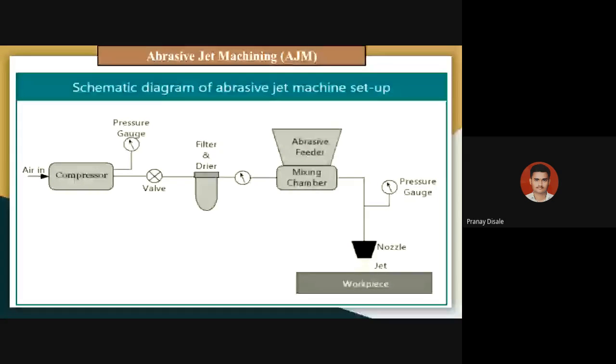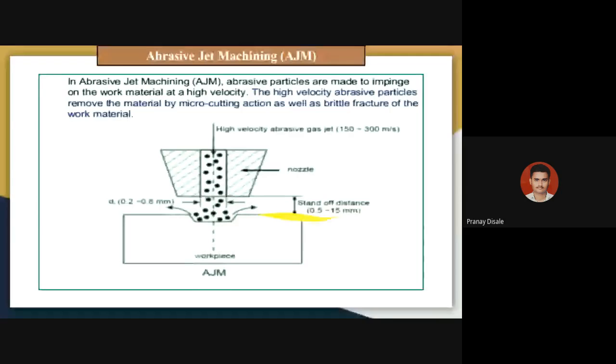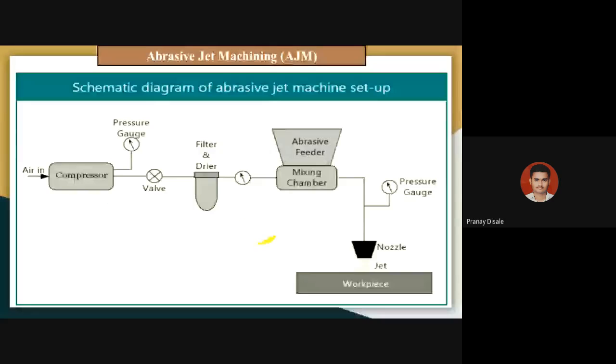That is erosion, kinetic energy, and the action of material removal will be erosion. Okay, so here is the participation of abrasive particles as well as their role. Now, I have just taken the overview of abrasive jet machining. Same here, I have shown the diagram.